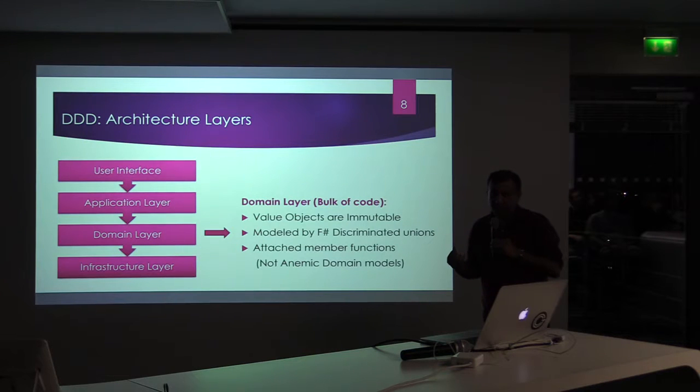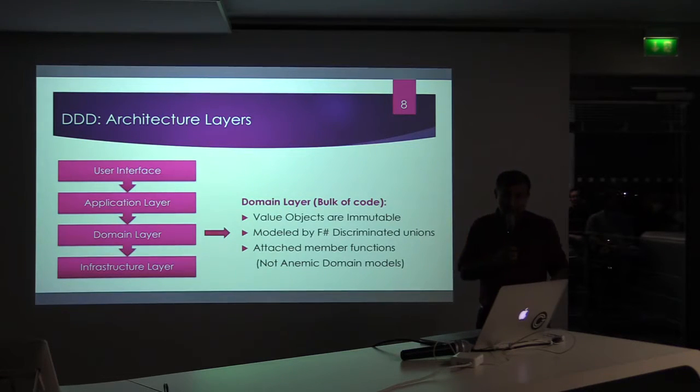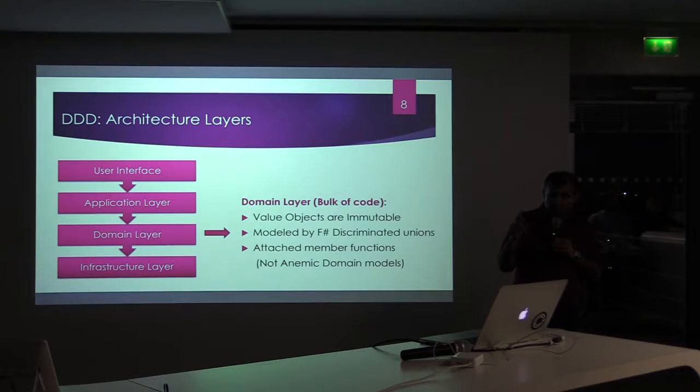And what we find is that while the DDD process had nothing to do with functional programming, it turns out that functional programming is a really good paradigm to implement DDD, because immutability is built in. So you can have value objects. In F#, you actually can attach member functions, and I'm pretty sure you can do the same in Scala.